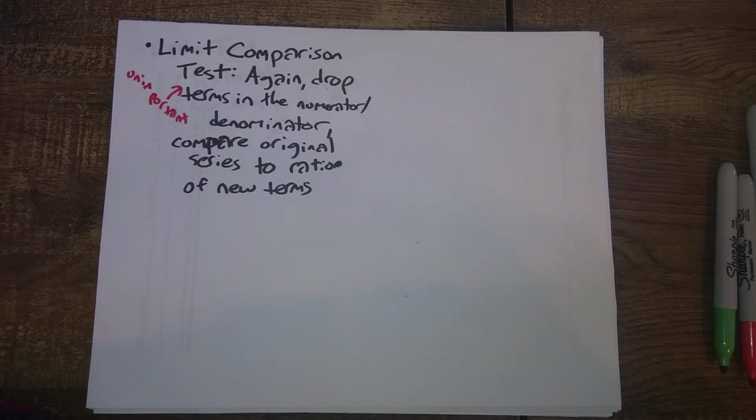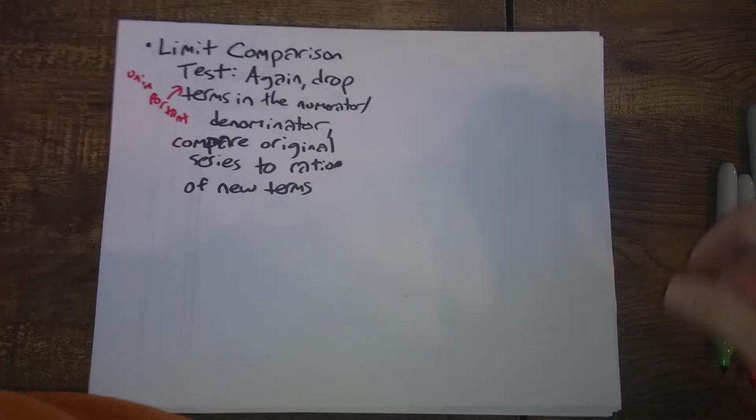So it's a little bit more work to apply the limit comparison test than the direct comparison test. So we should always think about the direct comparison test first, but it behaves by the same principle. Drop terms in the numerator and/or denominator, and then compare the original series to the new series.